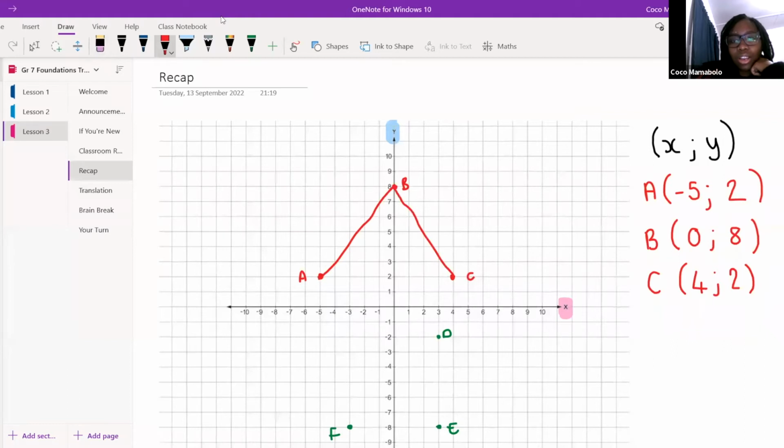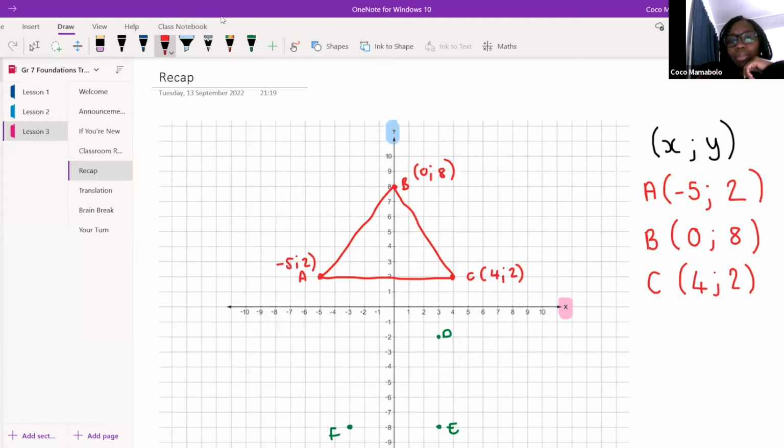There we go. Got it. It makes a triangle. Absolutely makes a triangle. I'm just going to put these in because I want you guys to remember something else that we learned about on Wednesday. And this is -5 and 2.